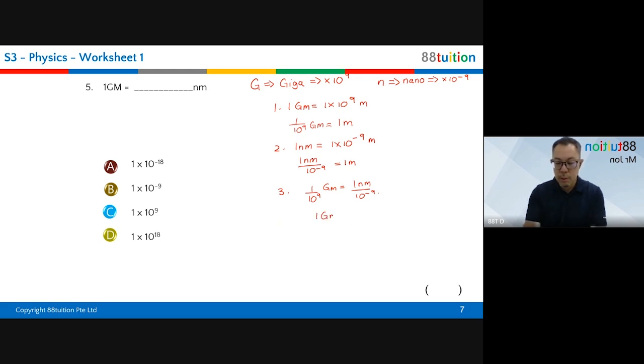So 1 gigameter. Take note, I cannot cancel these two. They are not the same thing. 10 power minus 9 is the same as 1 over 10 power 9.